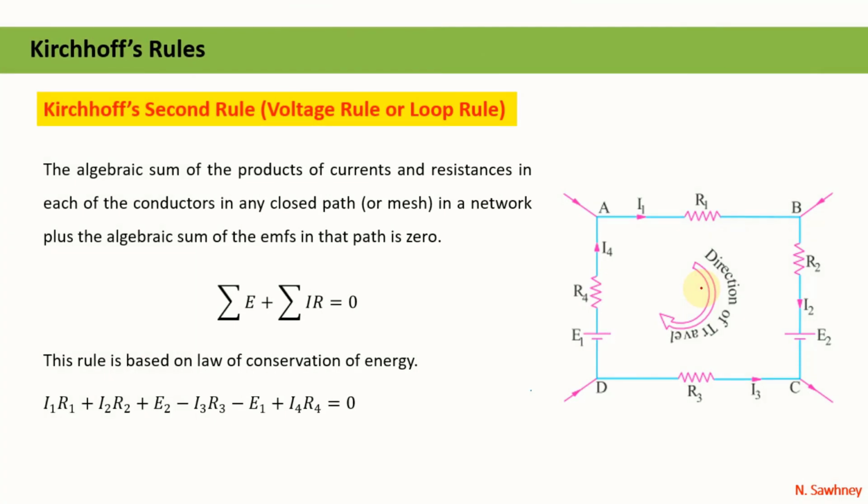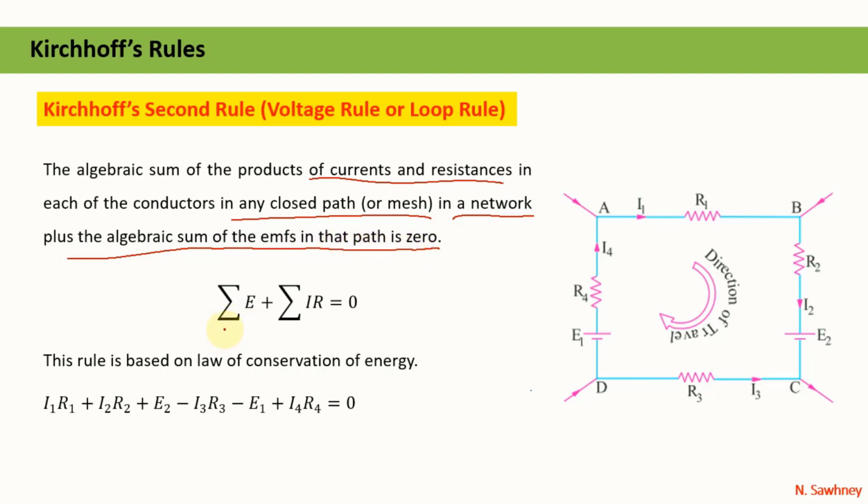Now let us see the second rule. Kirchhoff's second rule, also known as the voltage rule or loop rule. The algebraic sum of the products of the current and resistances in each of the conductors in any closed path or mesh, or you can say loop, in a network plus the algebraic sum of the EMFs in that path is 0.